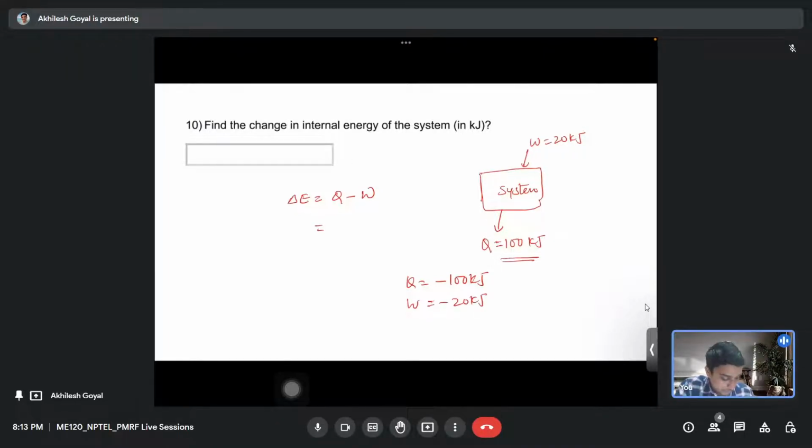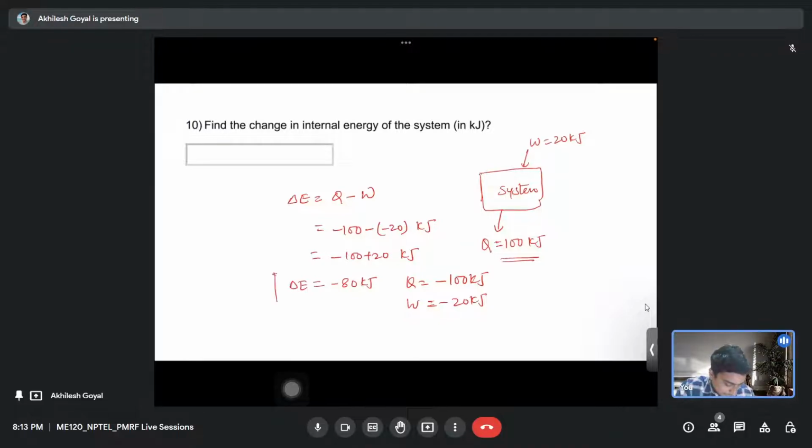Putting these values, minus 100 minus of minus 20 kilojoule, so it comes as minus 100 plus 20, that is minus 80 kilojoule.